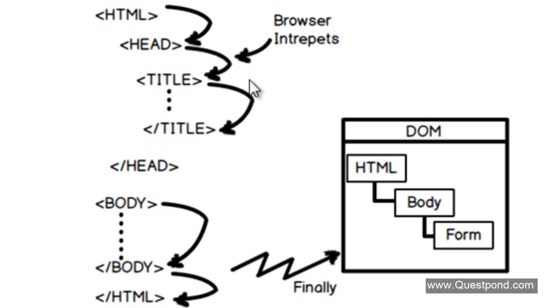Interpreted means every line of this HTML code is read by the browser, and the DOM is created. It says, okay, there is a text box here, so it creates a text box. There is a form here, so it creates a form. There is a body tag here, so it creates a body tag. This DOM is an in-memory representation of your HTML. Line by line, it interprets that HTML and creates the DOM.